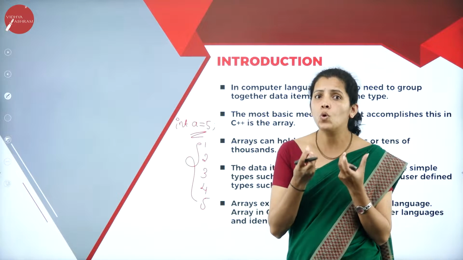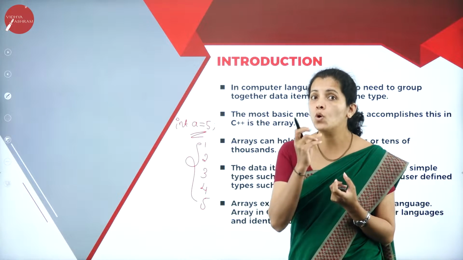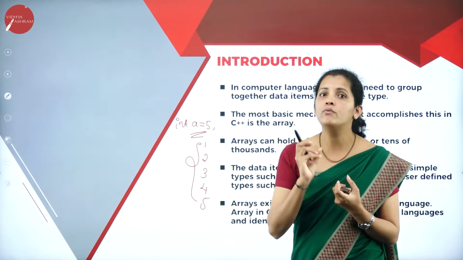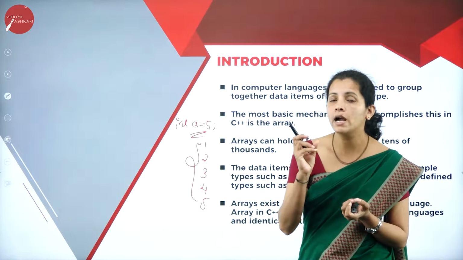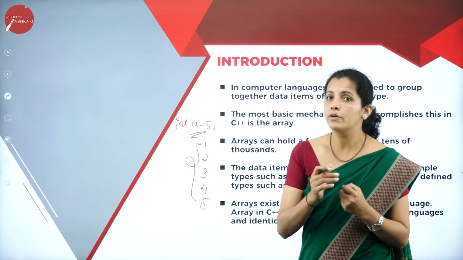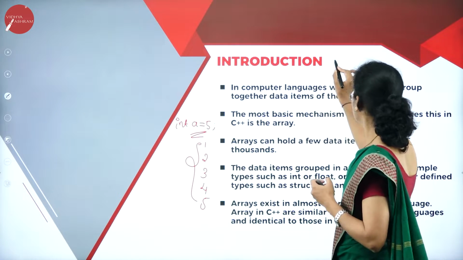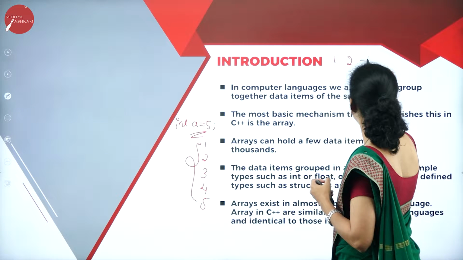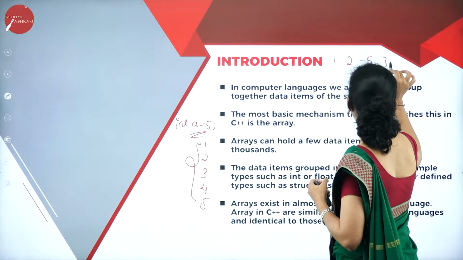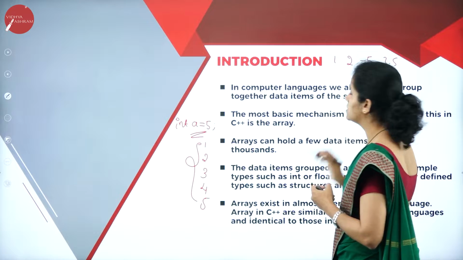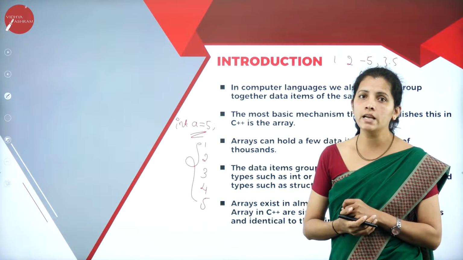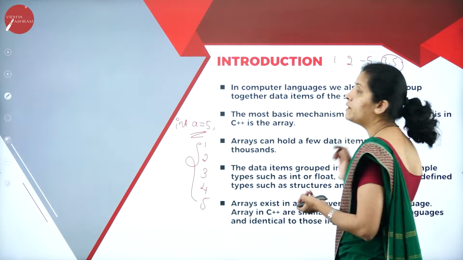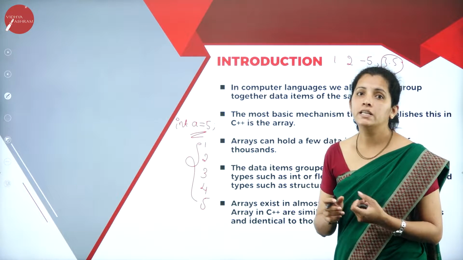So what is homogeneous here? Homogeneous is nothing but the same kind of value or same kind of element. For example, think that I write 1, 2, minus 5, 3.5, 6. Is it a homogeneous element? No, because 3.5 is not an integer value.